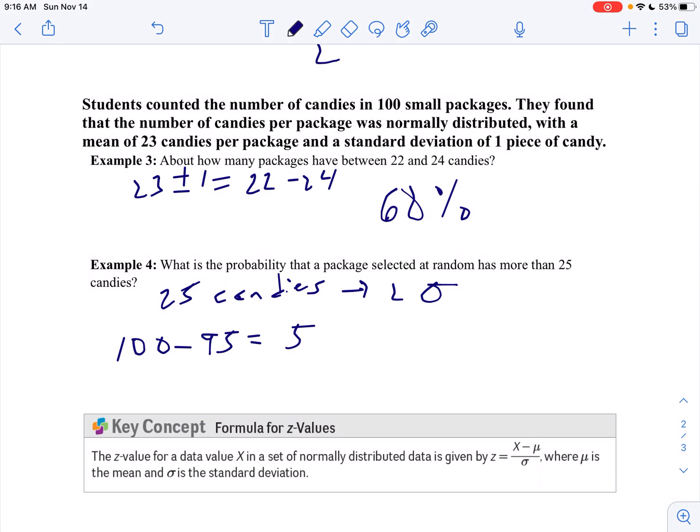So 5% are more or less than 2 standard deviations from the mean, but I just want more than, so I divide by 2. So I'm going to get 2.5%. And there we have it.